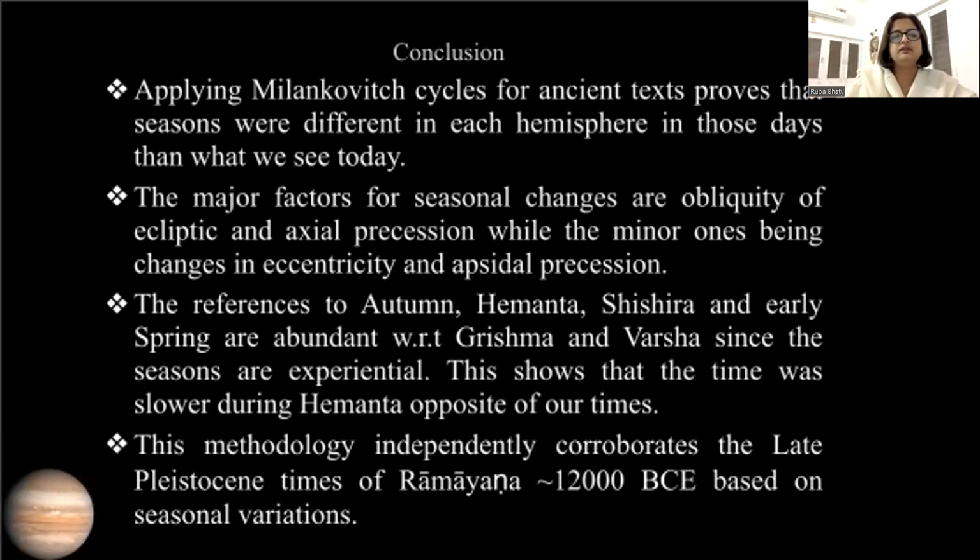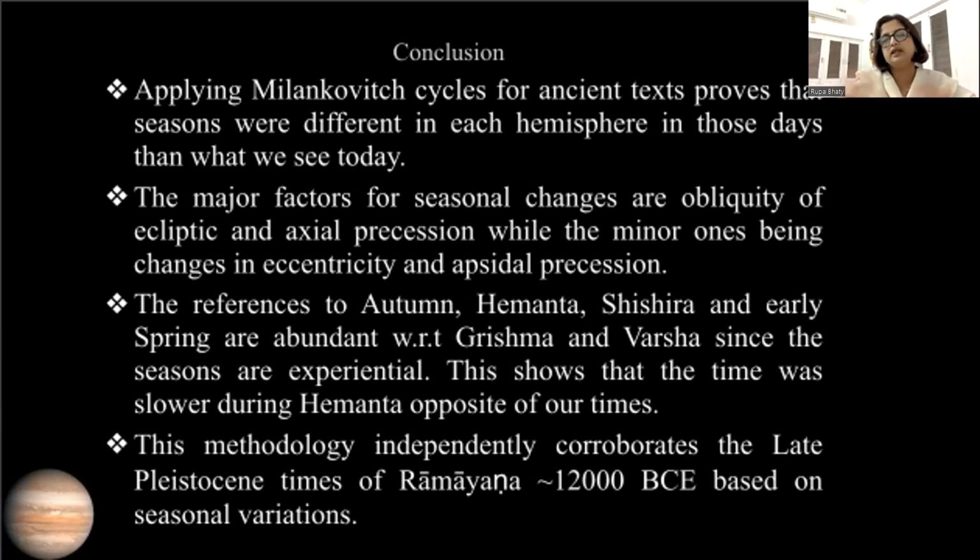So the references to autumn, Hemant, Shishir, early spring. Hemant and Shishir are winters, abundant with respect to Grishma and Varsha, since the seasons are experiential, as I explained. And this methodology independently corroborates the late Pleistocene time of Ramayana.